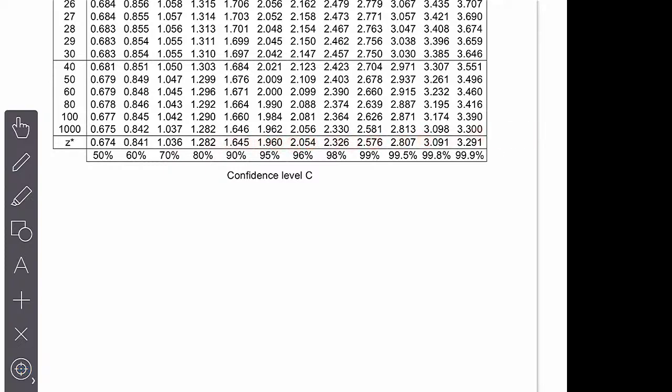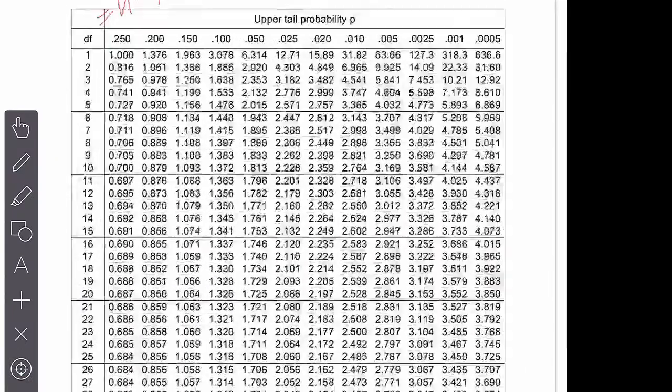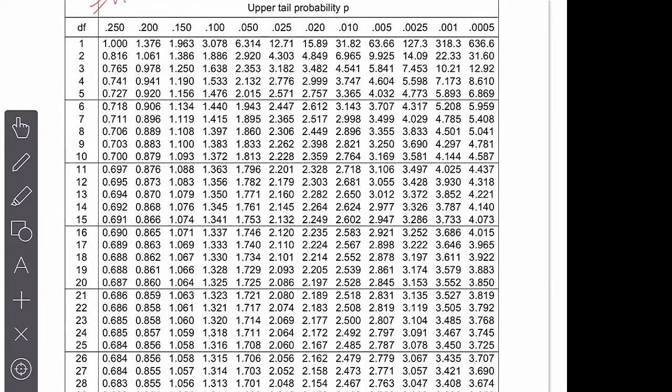And so what does this give you? If I was to draw these out, these are for upper tail beginning at 25%. So 25% upper tail. So this is the top percentile, right? 25%, 20, 15, 10, 5, and then it goes in half, and then it goes a little bit slower.